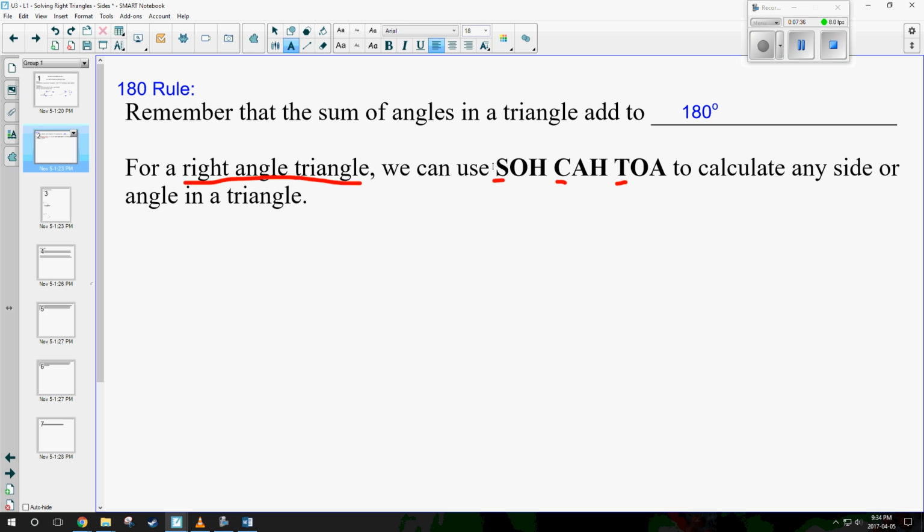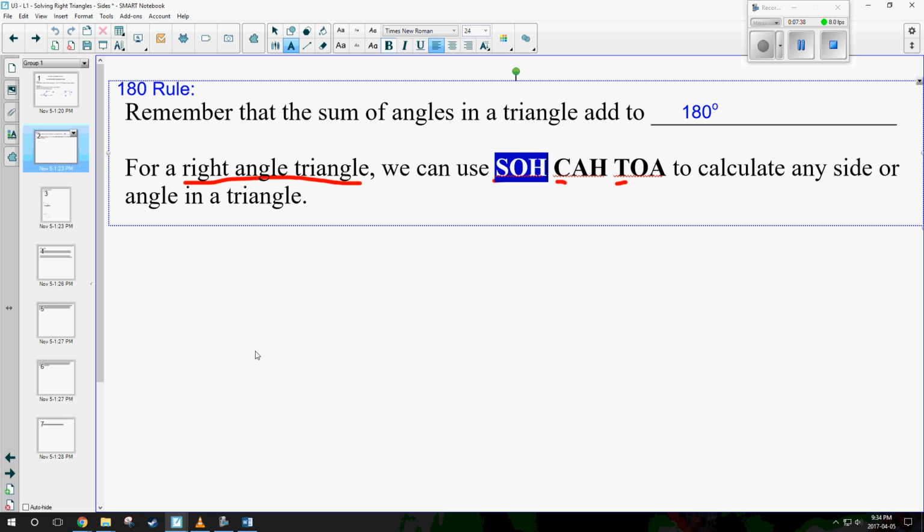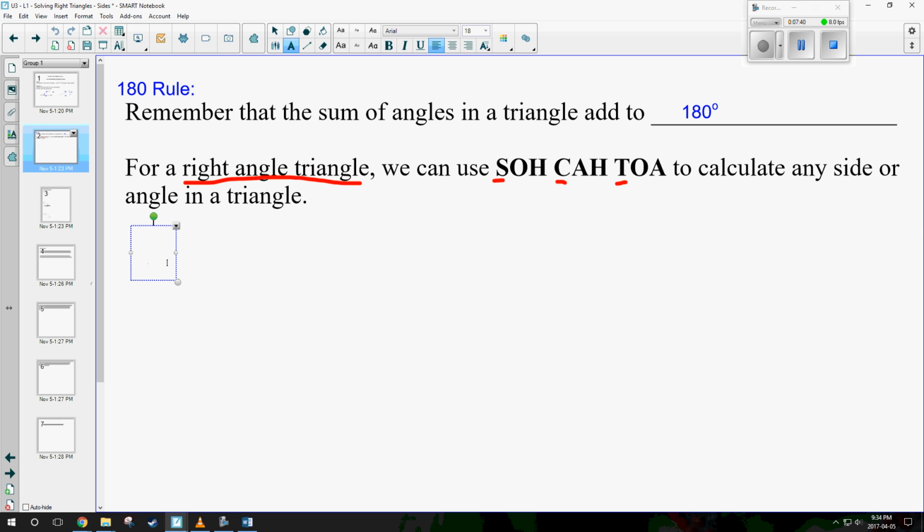So the first part is the SOH, the S-O-H. The SOH, as I said, is for the sine, and we always put the angle with the sine, the cos, or the tan.